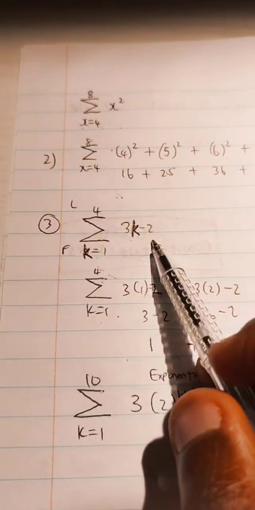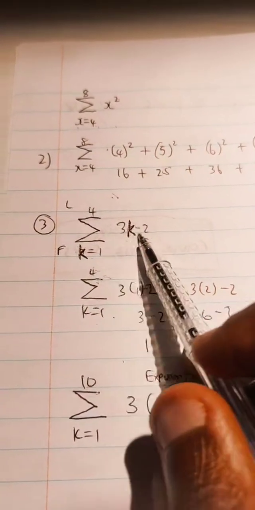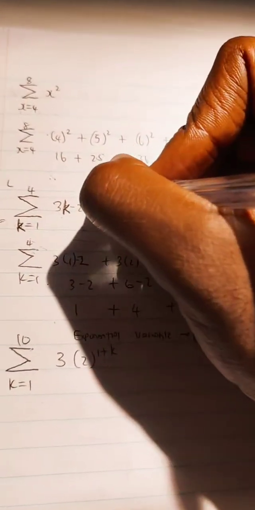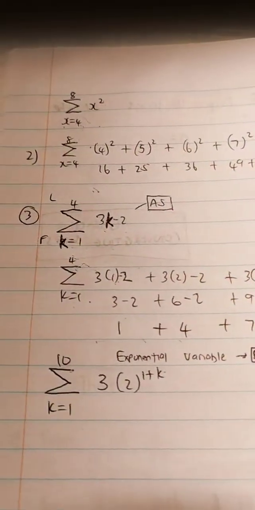Then automatically, if you have exponential variables, that means this is a geometric series. Okay, exponential variables speak GS, whereas linear expressions speak arithmetic series. Does that make sense?